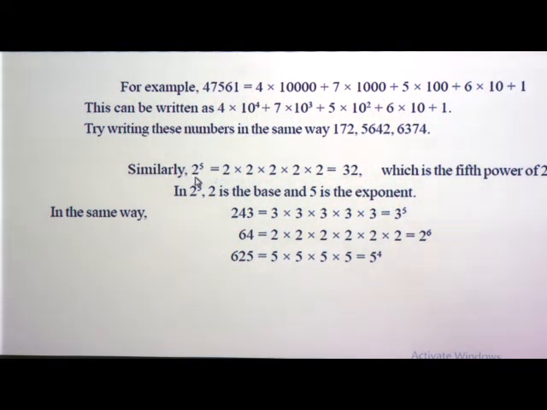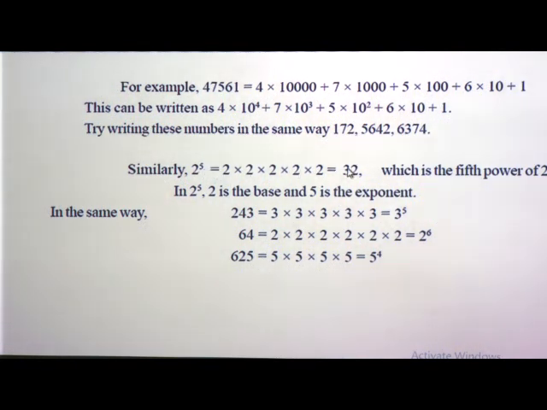Similarly, we have another example, 2 raised to power 5, where 2 is multiplied 5 times, which is the 5th power of 2. We can read it in both ways as I told. So, what will be the multiplication here? Base is 2 and exponent is 5.